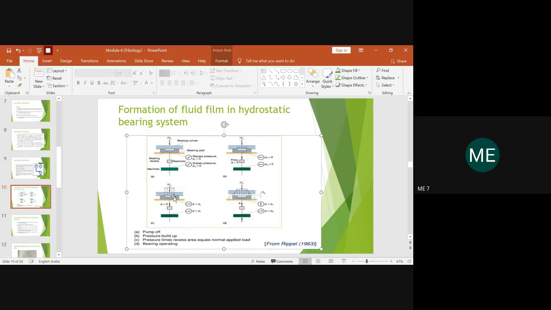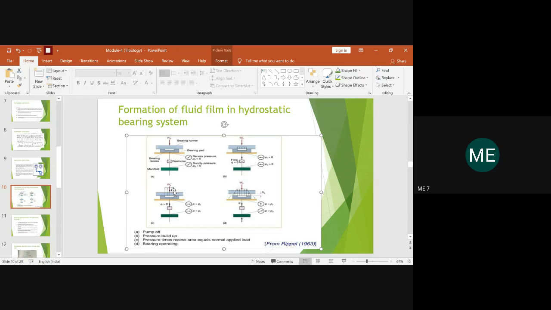This shows that the pressure which has been developed and is distributed equally across the bearing recess should be equal to the load which is acting in the normal direction. Both will be going in opposite directions, but the magnitude remains the same and it gets nullified, and you can claim that it is an equilibrium condition.